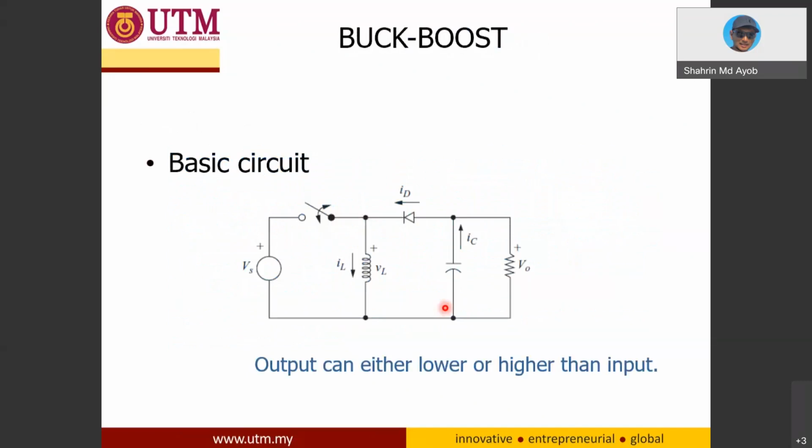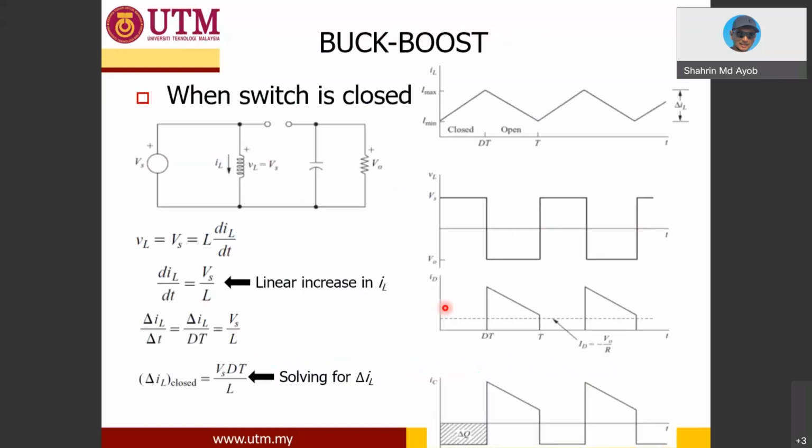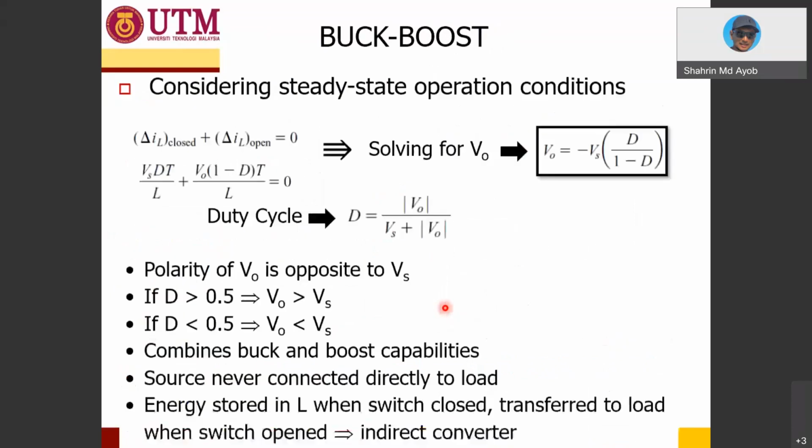I want you to do it maybe not in a group, maybe individually. Try to get the relationship between V out and V input in the class. The analysis is the same: we go through the on-off states, then IL, L min, and then the ripple of the capacitor and so on.